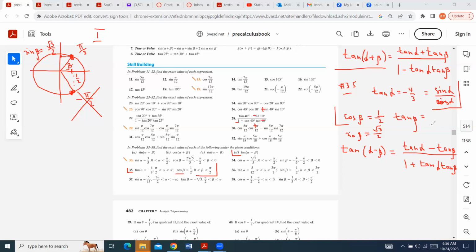So to get my tangent, I put the fraction with sine on the top, which is square root 3/2. Let me use another color so it'd be better visible. Square root 3/2. And then I divide this by 1/2. And we already know that little algebraic simplifying shortcut. So I just take these denominators and cancel both of them. So I multiply and divide by 2. So all these denominators will go away. And I get the answer, radical 3.